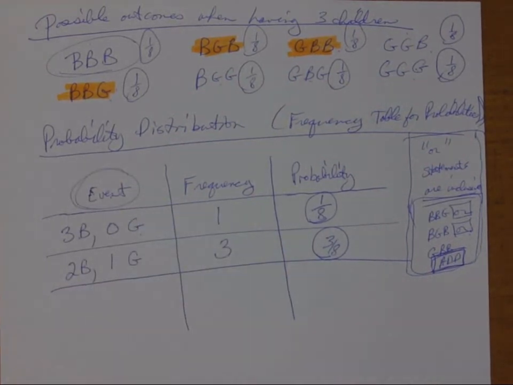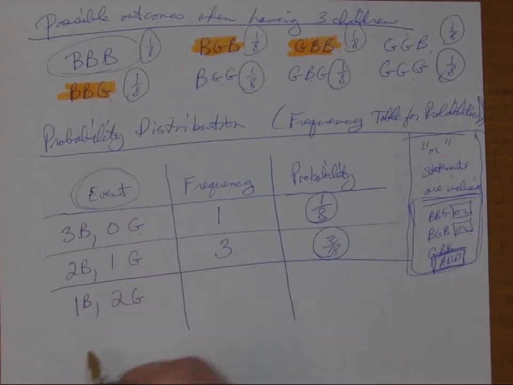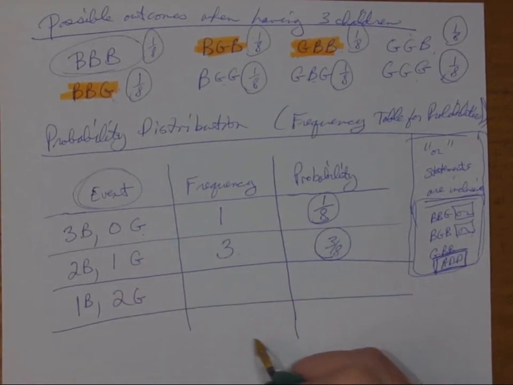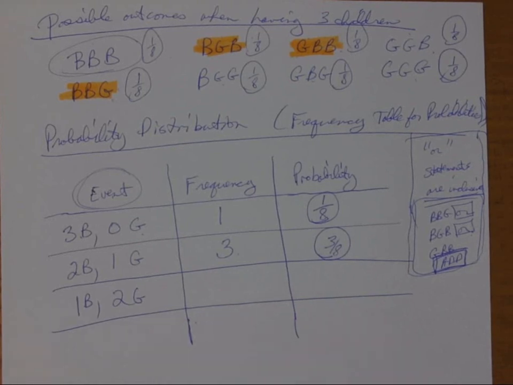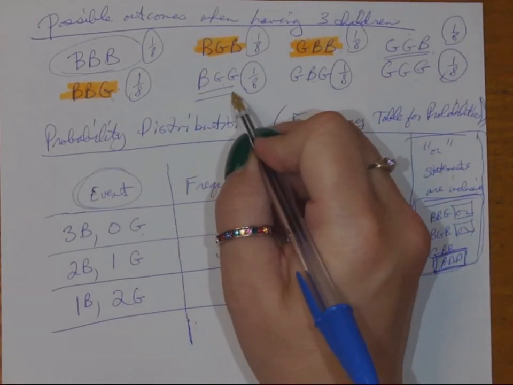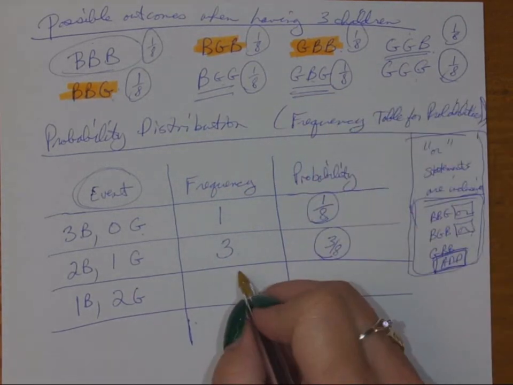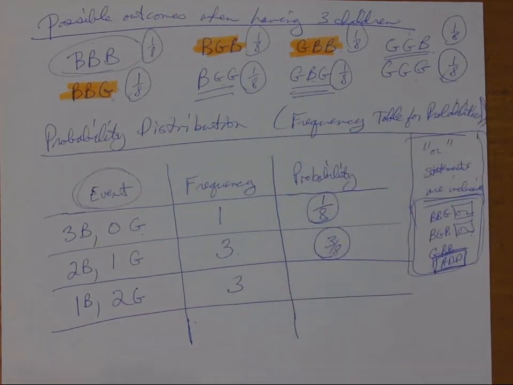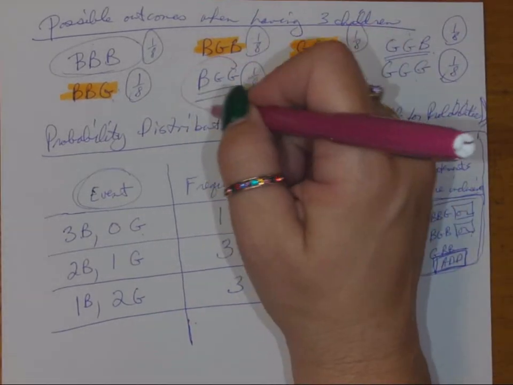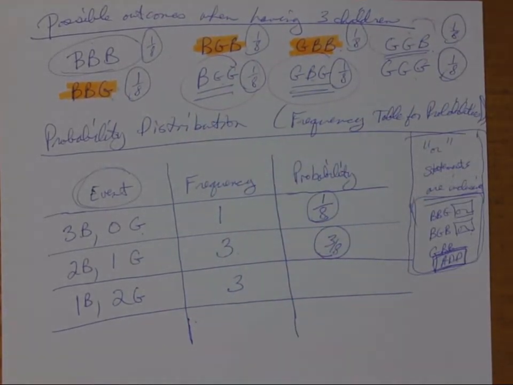So what would be the event where I had 1 boy and 2 girls? How many possible different ways does that happen? Well, here's one: girl, girl, boy; girl, boy, girl. That happens 3 different ways, right? So you can see it here, here, and here. 2 girls, 1 boy, 3 different ways.